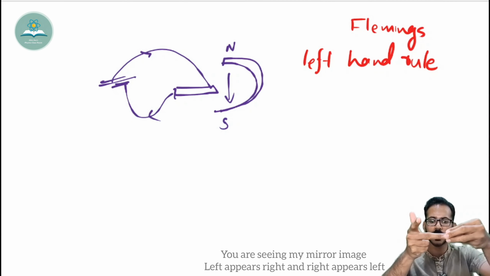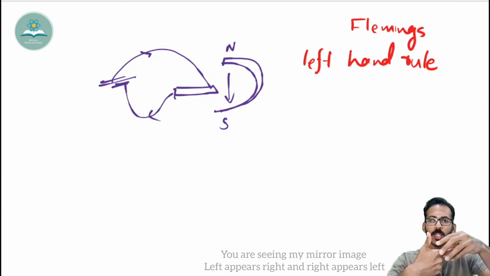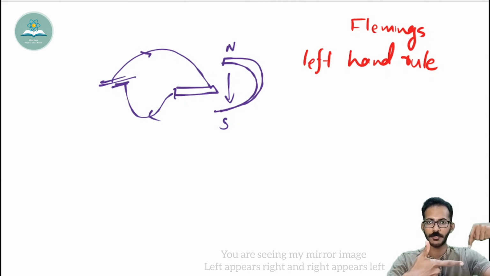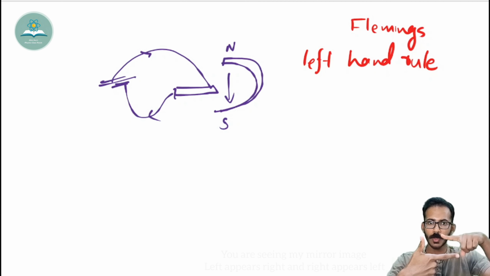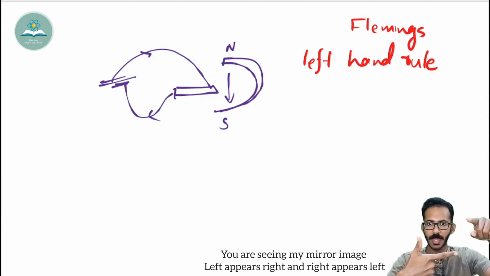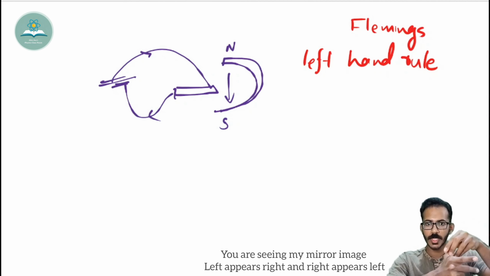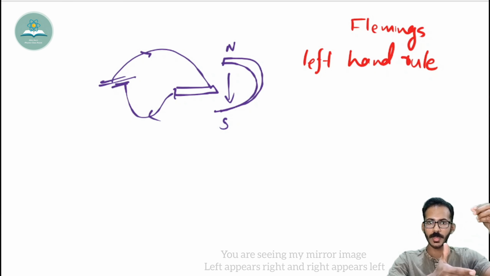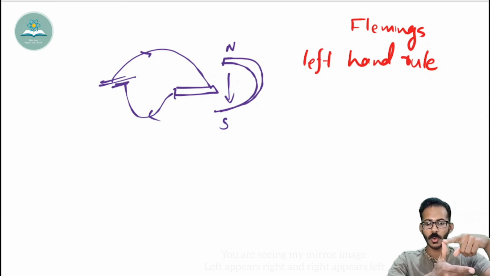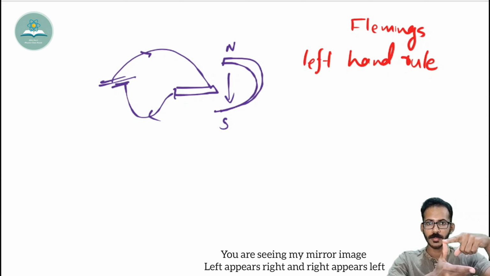So the long one stands for current. Your index finger shows magnetic field. Current is always related to magnet. So this one shows magnetic field. This one shows your thumb, which is little thicker one, little fat one. This one shows you the force or the direction in which the current carrying conductor moves.